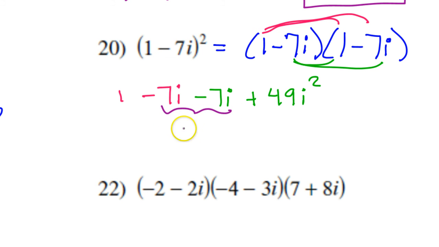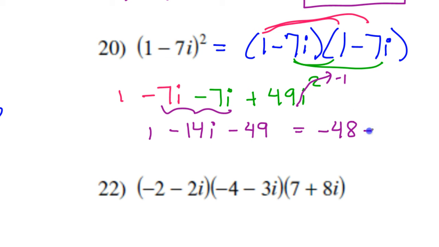Okay, combining these like terms, that's going to give us negative 14i. i squared is negative 1, so that's going to make this a negative 49. And you bring down the 1. So just putting these like terms together, 1 and minus 49 is going to be negative 48. So negative 48 minus 14i.